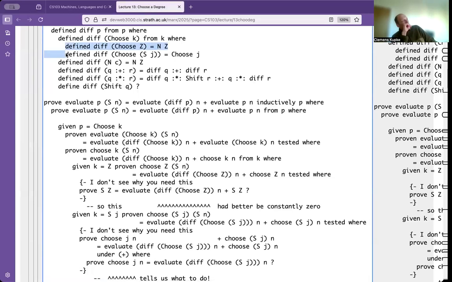And then, to our shock and delight, we found that the forward difference of choose successor of j, successor of something, is exactly choose j. So that's to say, all that happens is the number of things you're choosing goes down by 1 with forward difference. So I don't know if you did differentiation at high school, you remember there was an easy way to differentiate x to the something.